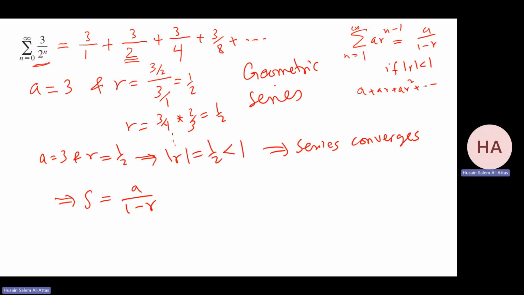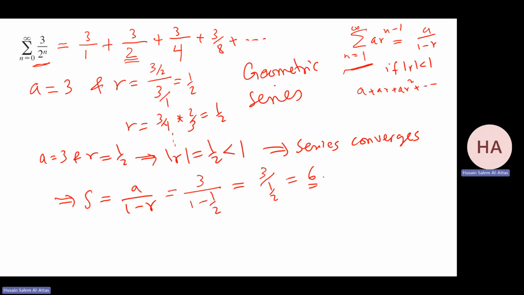Okay. So S equals a over 1 minus r, that will be 3 over 1 minus half. That will be 3 over half, and that will be 6. Yeah. You can find a and r using this procedure.